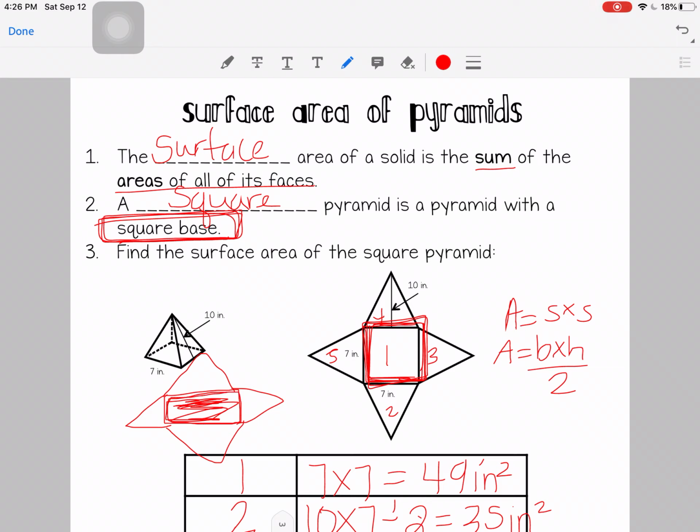The difference with a rectangular pyramid and a square pyramid is rectangles don't have all equal sides. So our triangles would not all be equal. Two would be the same, and then the other two would be the same. Okay? So we find the area of each face, starting with our base, and then working our way around for our triangles. That is how you find the surface area of a square or rectangular pyramid.